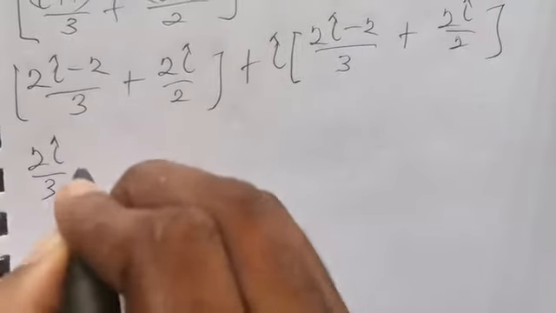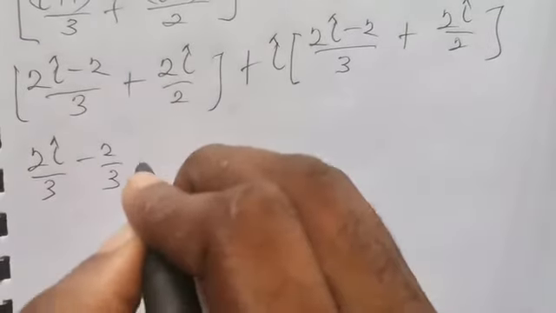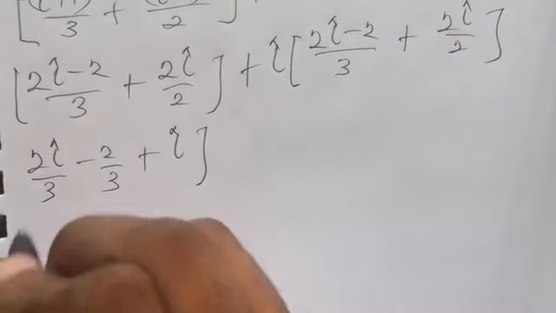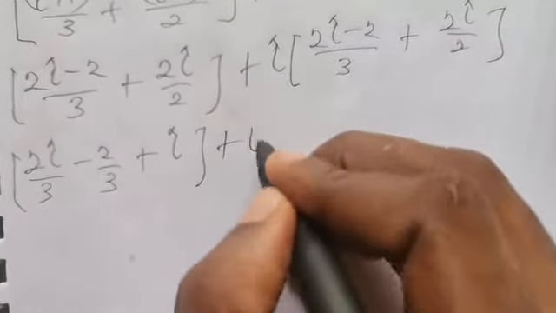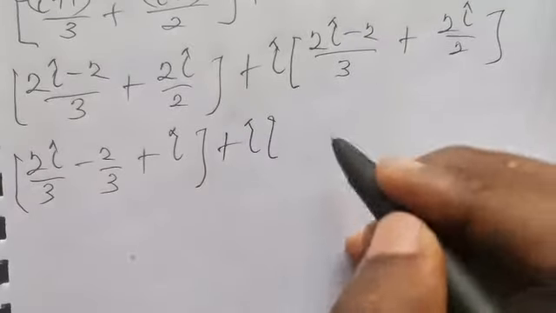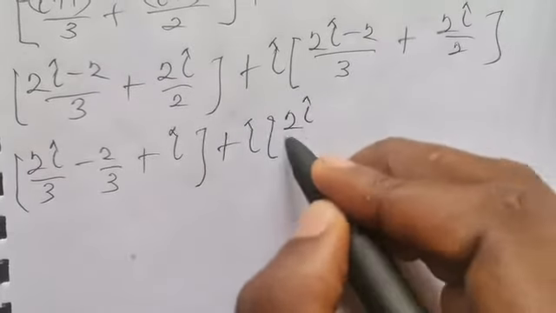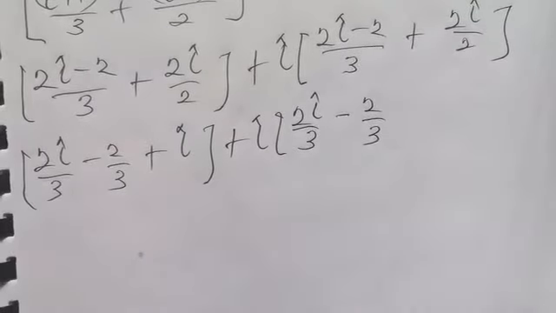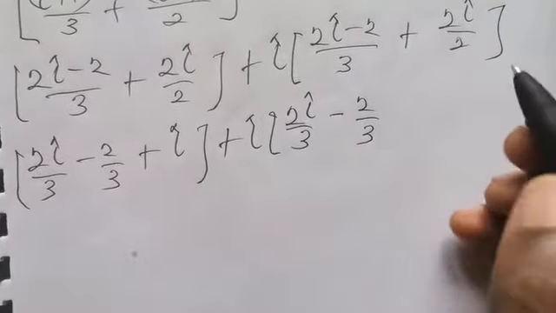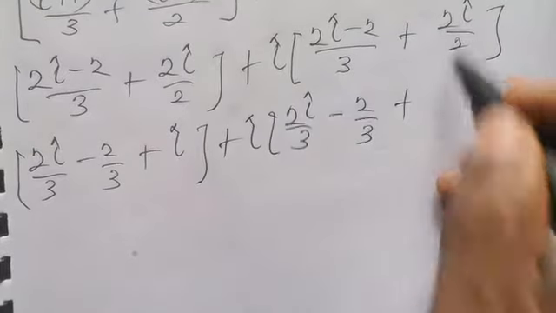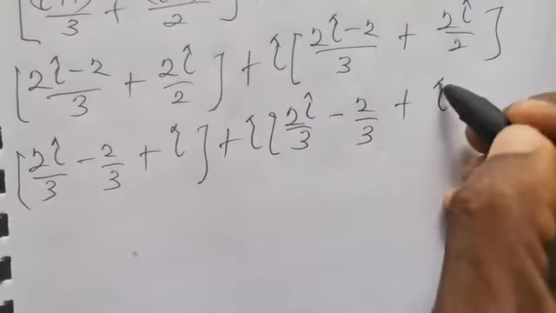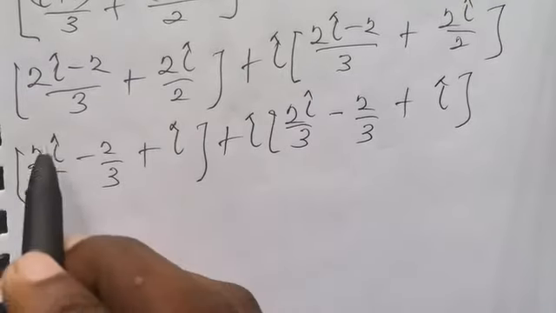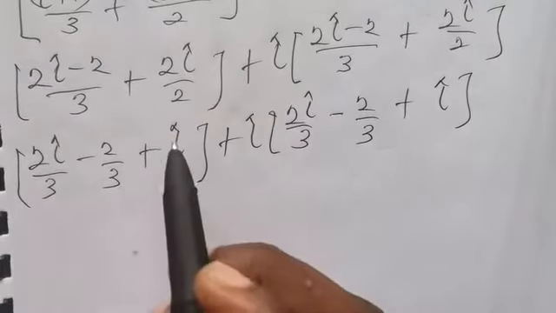So 2i/3 − 2/3 + 2/2, which is 1, so we have i, plus i times 2i/3 − 2/3 + 2/2, which is 1, so we're left with i. So this becomes 2i/3 plus i.